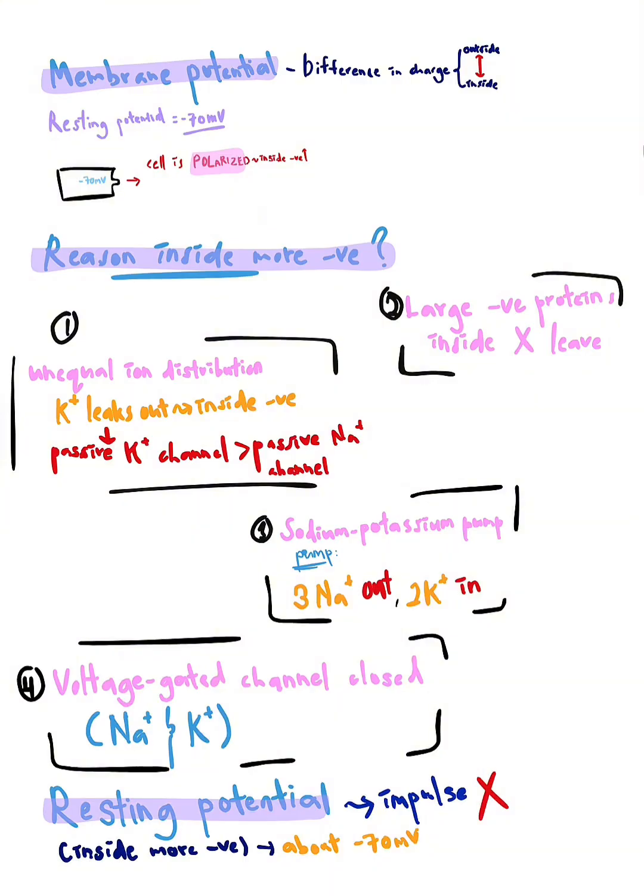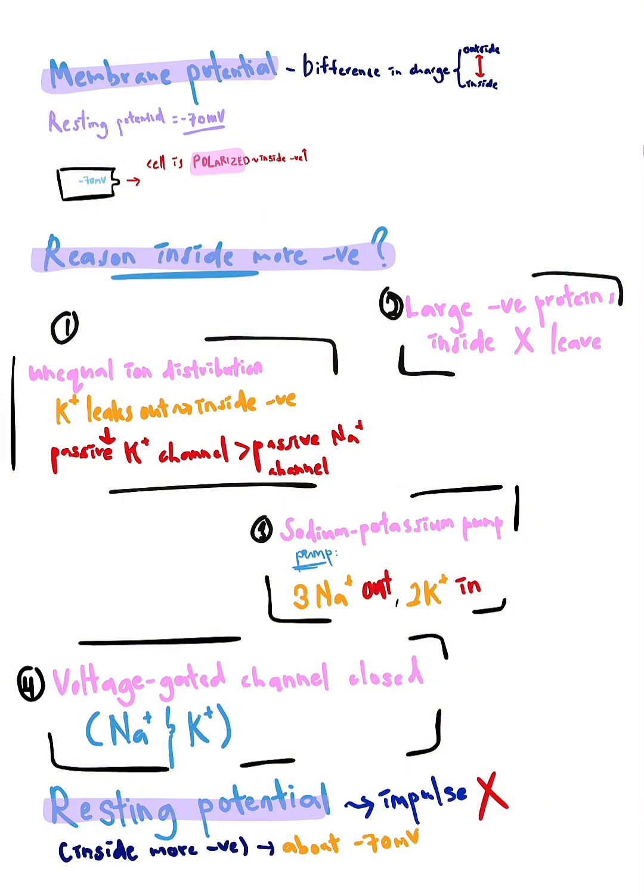Now let's move to the reasons why the inside of the cell is more negative than the outside. First, we have unequal ion distribution, which means K+ leaks out, causing the inside of the cell to become more negative, since the passive K+ channels are greater than the passive Na+ channels. The next reason is that the large negative proteins inside cannot leave the cell.